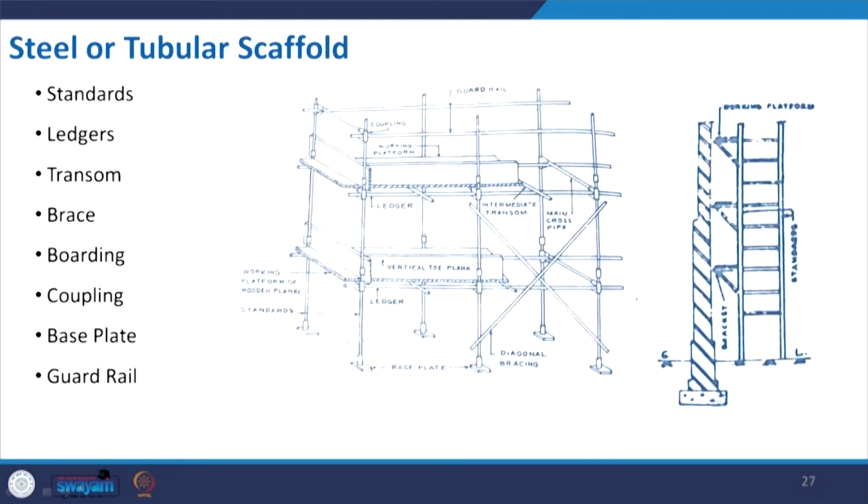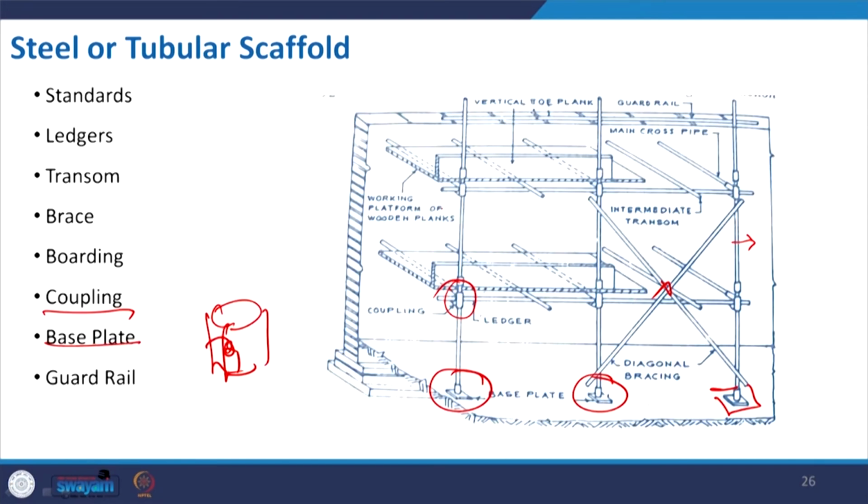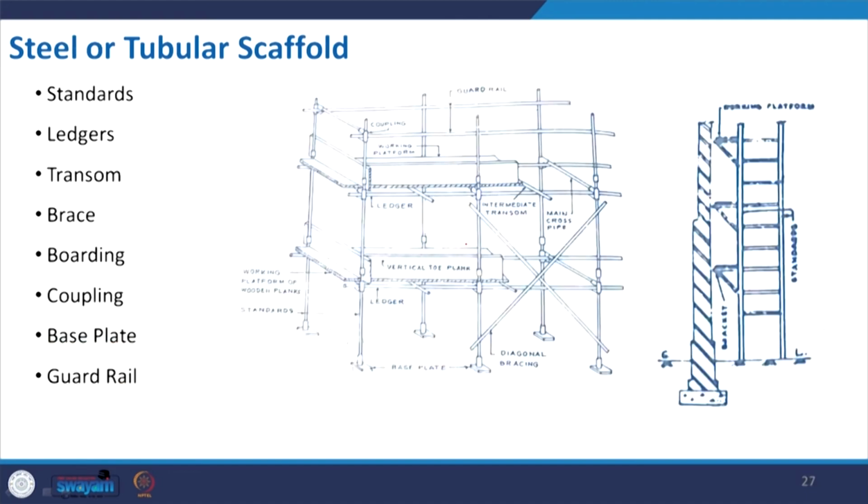Now, the steel and tubular scaffold, this is another type. This type is where you also use this particular support to the wall. But in this case it is again a frame. So instead of one, we use two kinds of setup and make it like a stage, a platform, and if you see from the side the section is something like that, where there is no connection made to the wall.